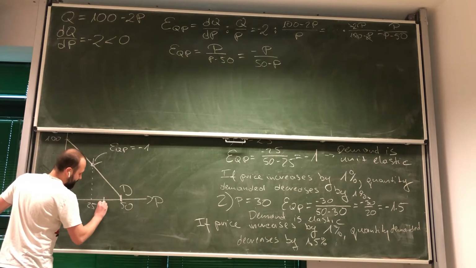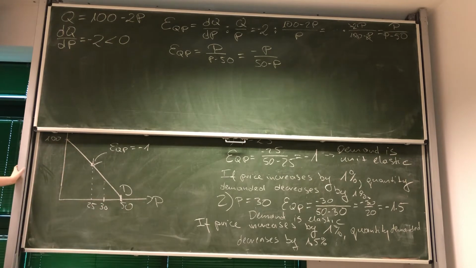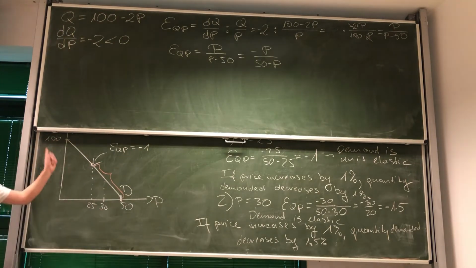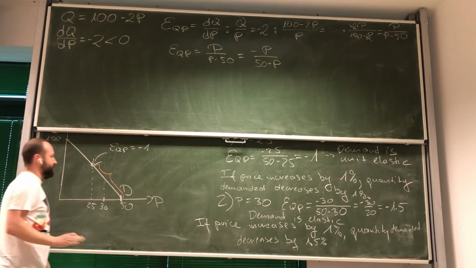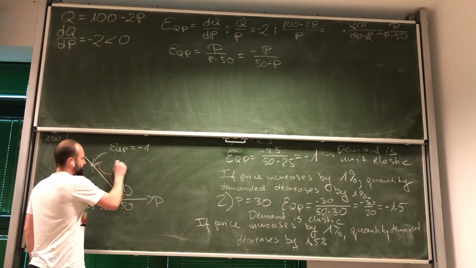Okay, so where can we find this case over here? Well, this is the case where price is above this level, and in those circumstances, we can say that this part of the linear demand curve, please notice it, this is a linear demand curve, is actually elastic.